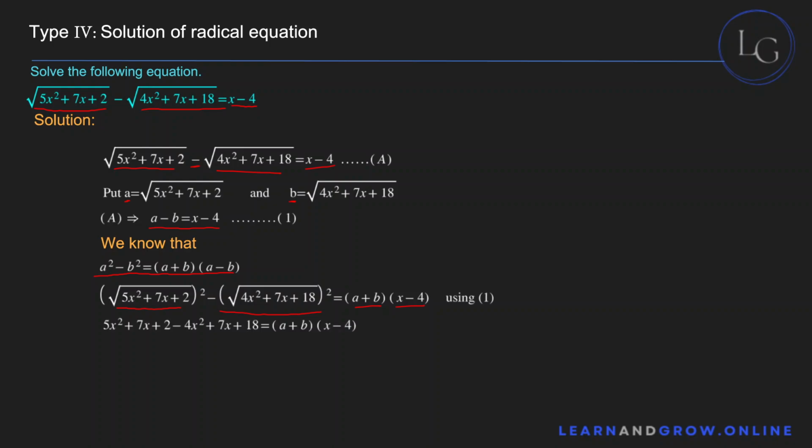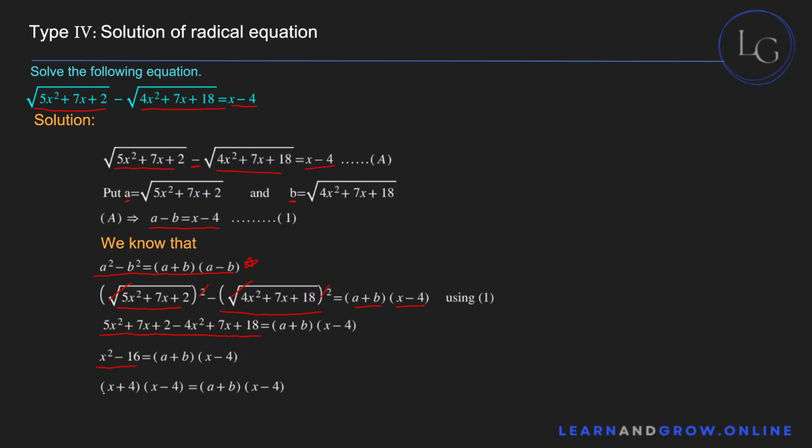So now you can cancel out these radical signs as they're being squared, and then you get this. Once you solve this, you get x squared minus 16, and again you'll use this formula and apply it here.